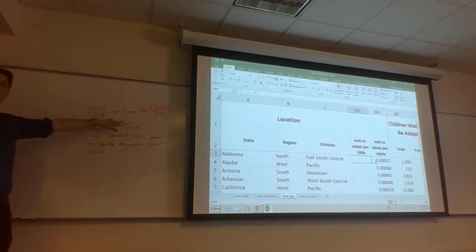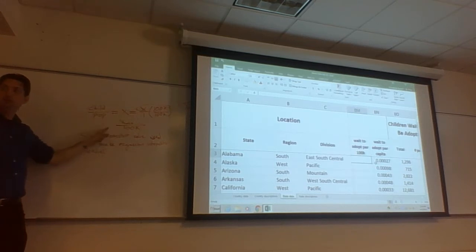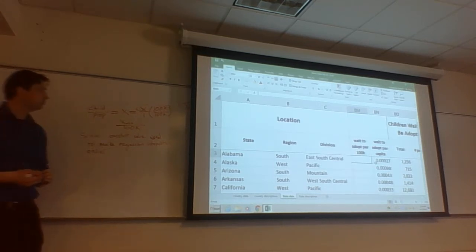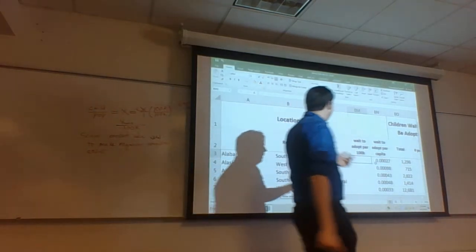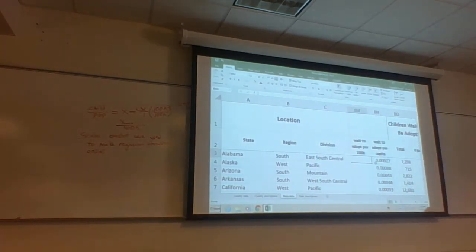Now we have a number per 100,000 people, just like we had over here, a number per 1 person. So in order to get that, I'm just going to take this and multiply it by 100,000.